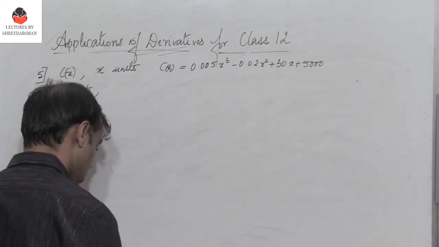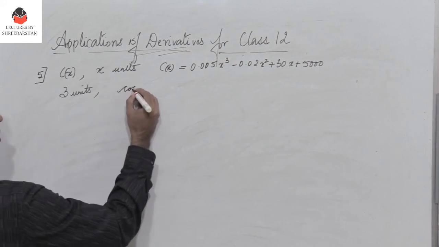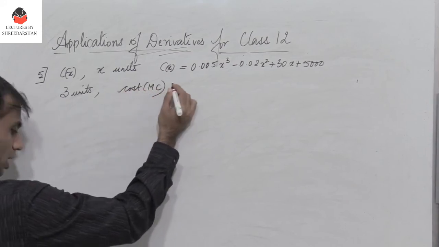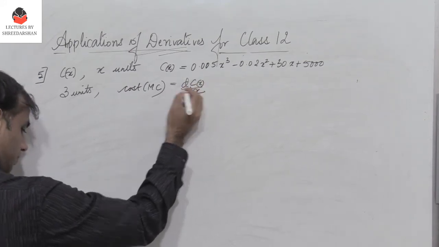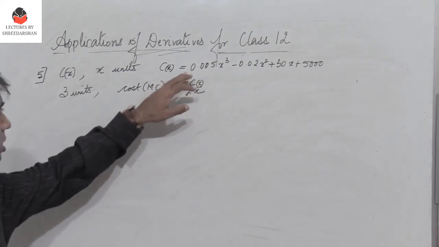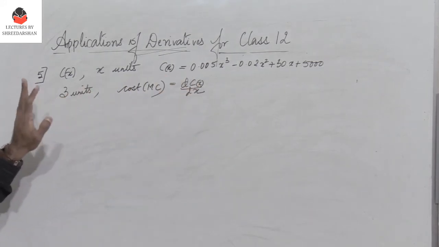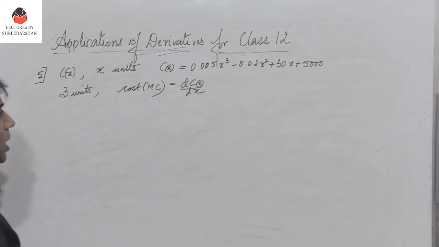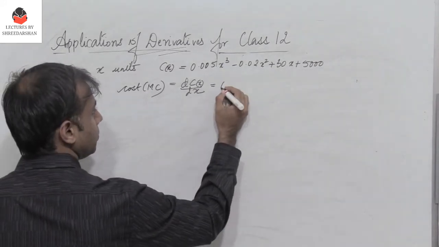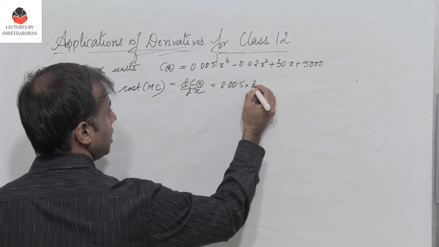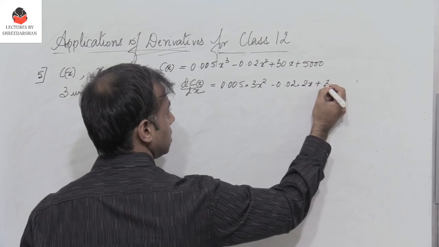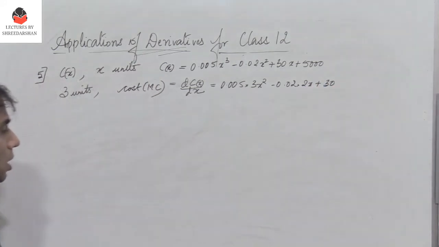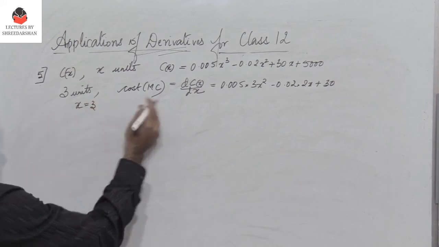So we have the marginal cost MC, which is nothing but dC of x by dx. Okay, so I just differentiate this and substitute the value of x equal to 3 to get dC of x by dx, the marginal cost. So now this is 0.005 into 3x square minus 0.02 into 2x plus 30 plus of course 0 here. Okay, so now we put the value of x equal to 3 in this equation.